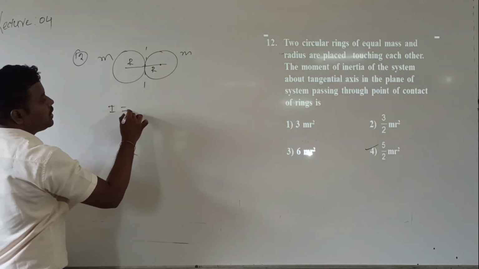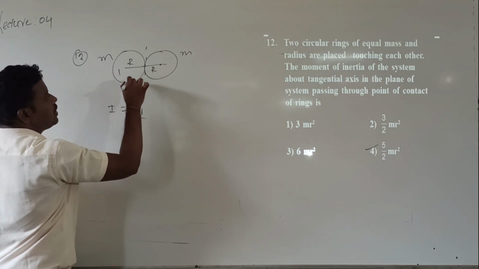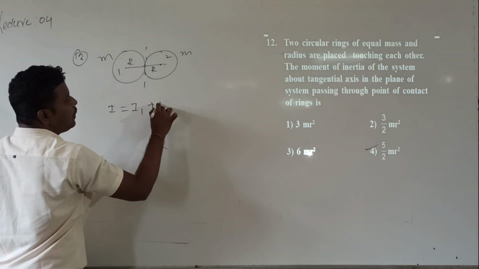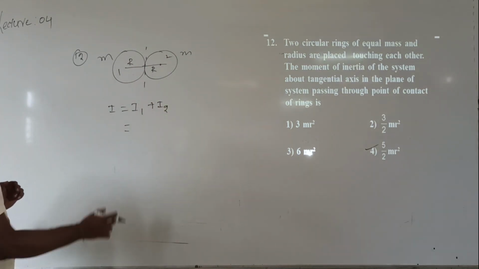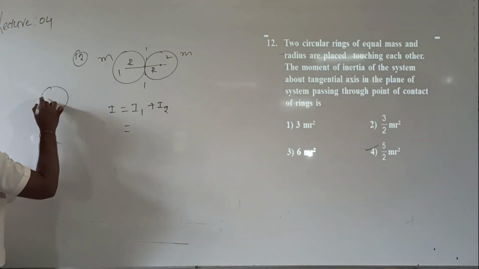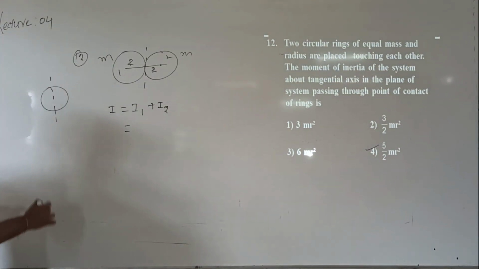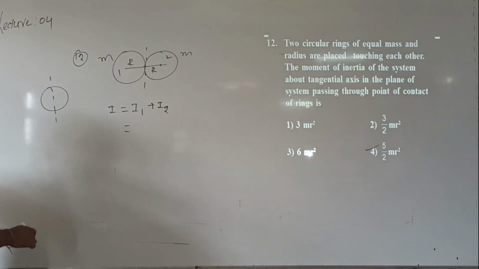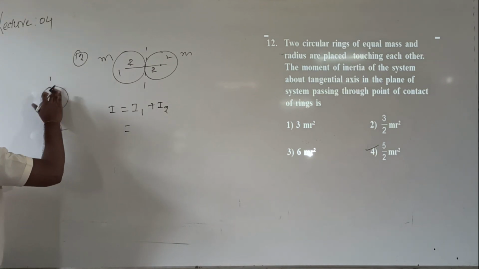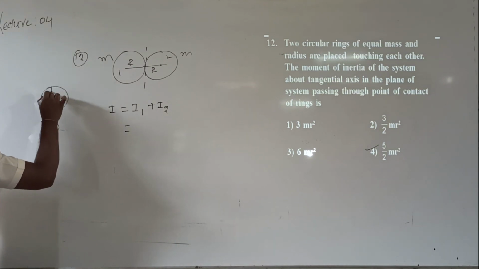Total moment of inertia due to the first ring and the second ring is I1 plus I2. What is the circular ring moment of inertia about a tangential axis? The circular ring about an axis passing through the center perpendicular to the plane is different. What axis are they telling? About an axis in the plane. Now I want to calculate the moment of inertia of the circular ring about its diameter.